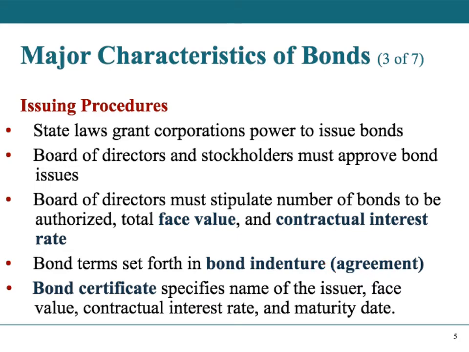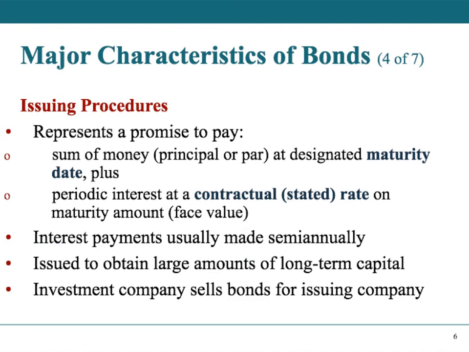The bond certificate specifies the name of the issuer, face value, contractual interest rate, and maturity. In the next slide, you'll see what the certificate looks like. That's why we call it issuing procedures: even though we're selling bonds, we actually say issue bonds, because we issue a certificate.